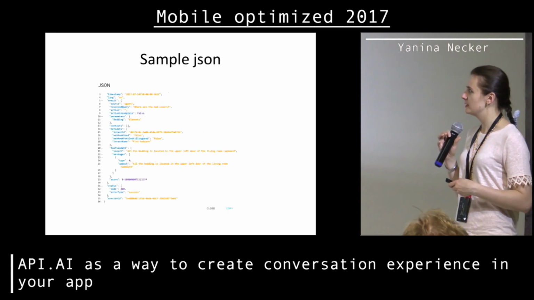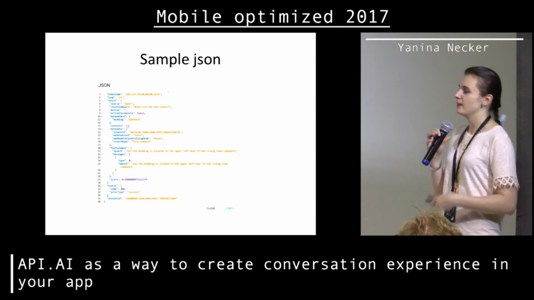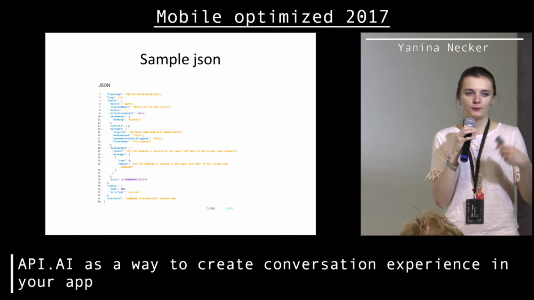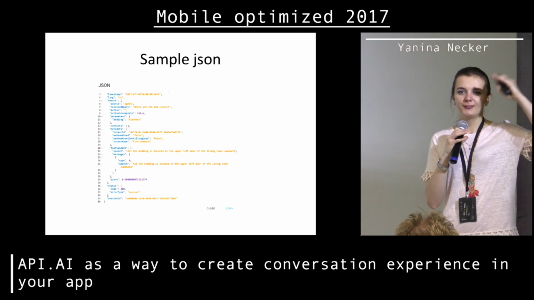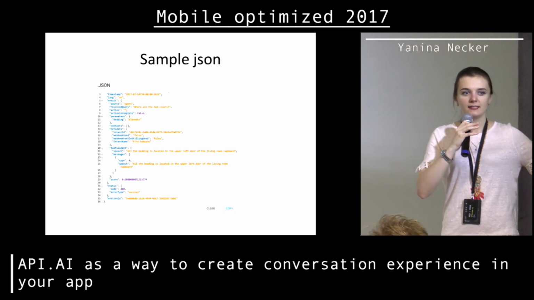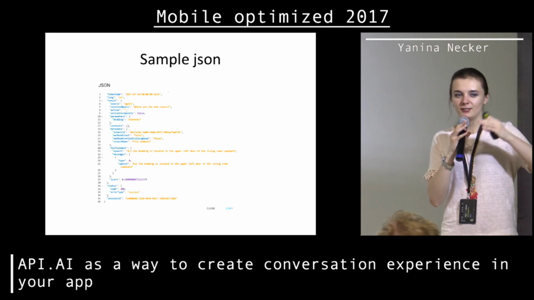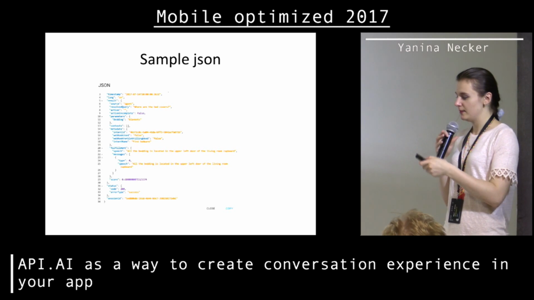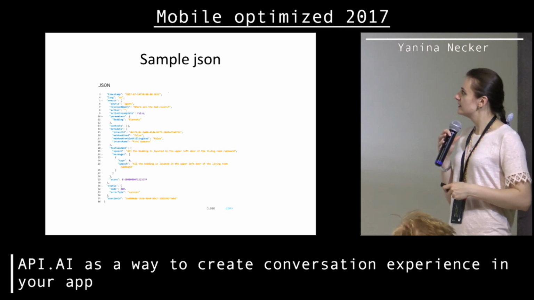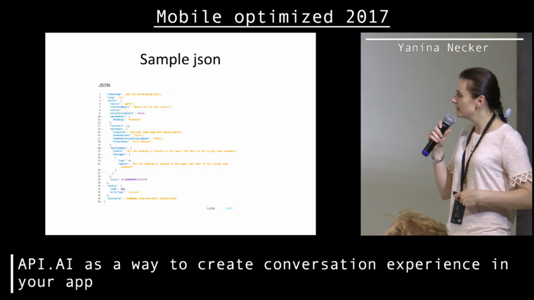I also wanted to provide an example of a response: after all these queries have been submitted, API.AI provides us a response that is put together in one neat JSON file. It has a timestamp. It also has the input that we have provided to it.